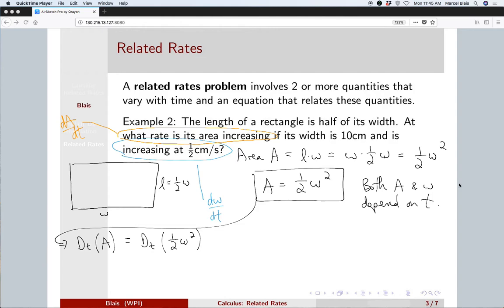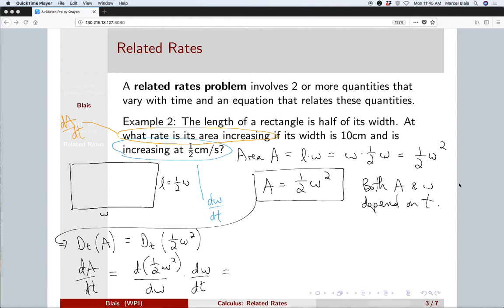On the left, the derivative of A with respect to t is just by definition dA/dt. And on the right, we have a chain rule problem. What we have to do on the right is differentiate that 1/2 w squared with respect to w, and then multiply by dw/dt. That's a direct application of chain rule.